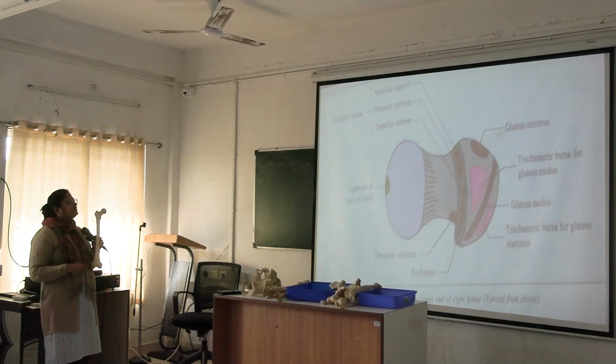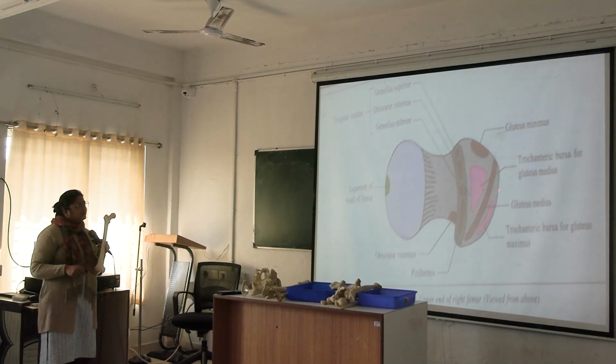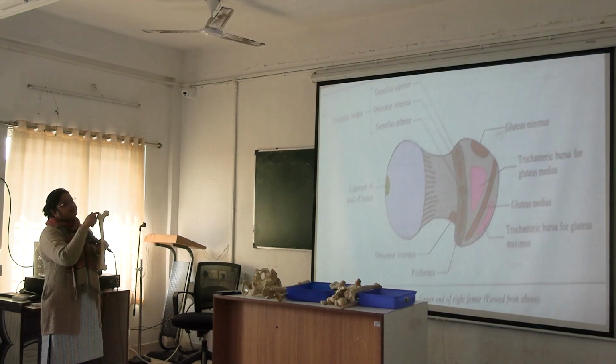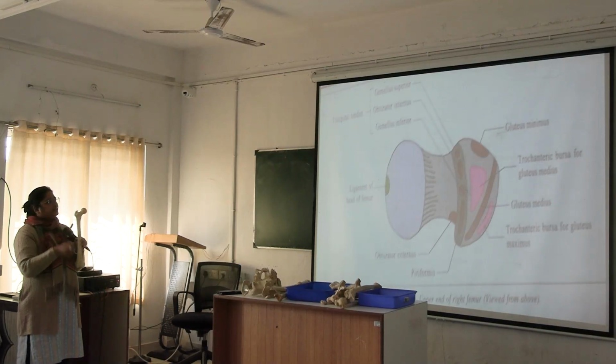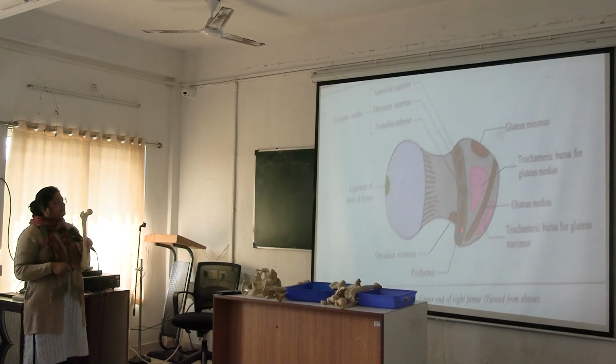This is the pit or fovea, ligament of head of femur, and this is on the superior surface of the greater trochanter. At the tip there is piriformis, then tricipital tendon: gemellus inferior, then obturator internus, and then gemellus superior.